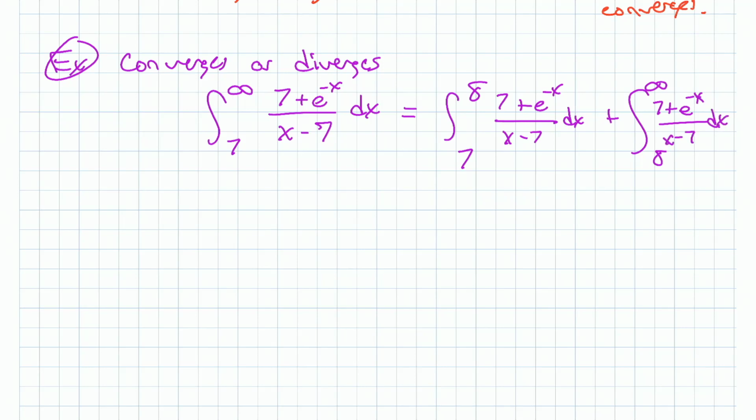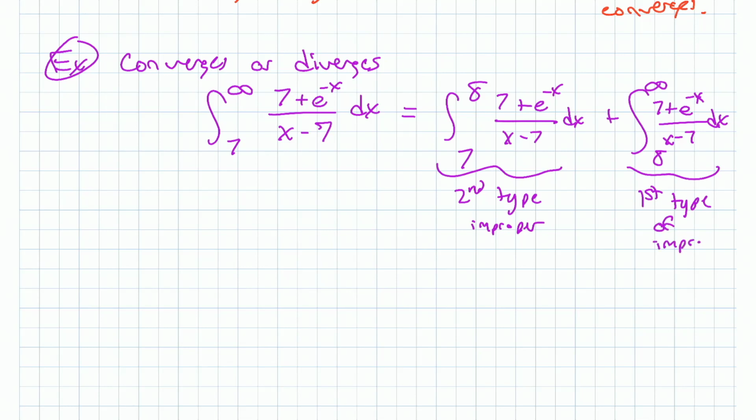So the reason I'm doing that is because this one has the second type of improper integral, and this one is the first type of improper, and I don't want to have to deal with both of those at the same time.